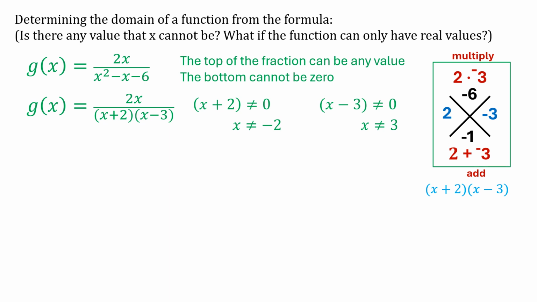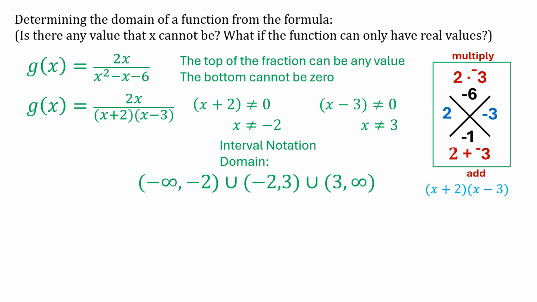So how do you write that in interval notation? Well, you pluck it out by bringing the interval all the way up to the -2, and then stopping just before the -2 with the parentheses. Union, rounded parentheses, and -2, go all the way up to the 3, then stop again, rounded parentheses, union, on the other side of the 3, rounded parentheses.